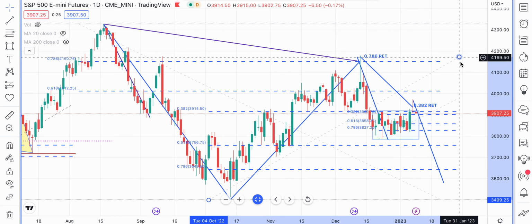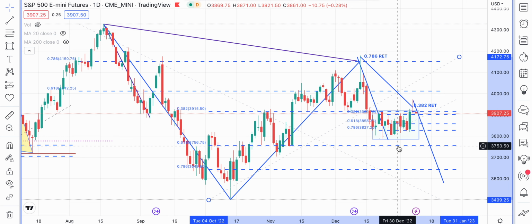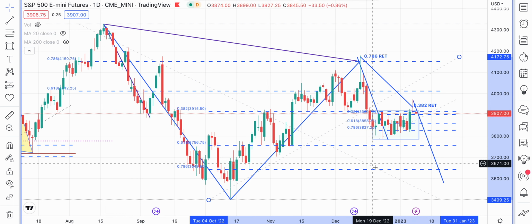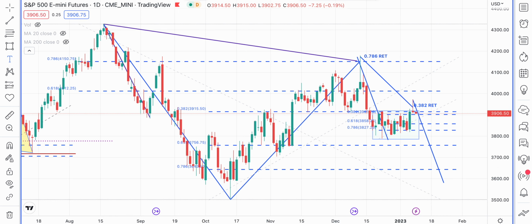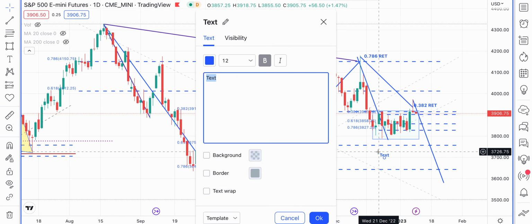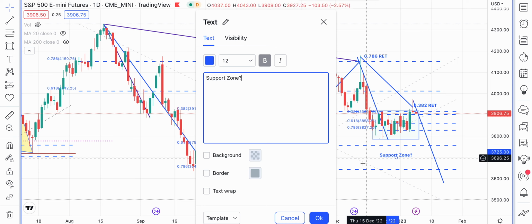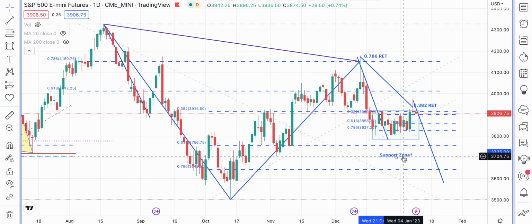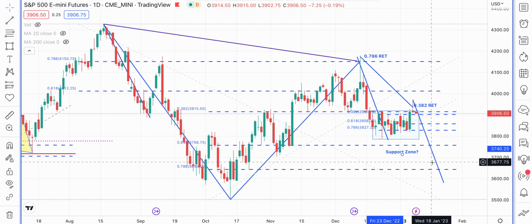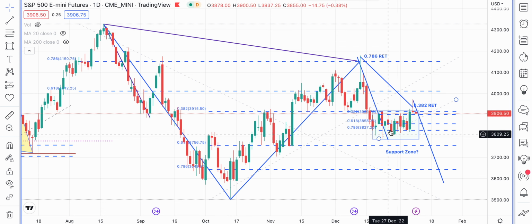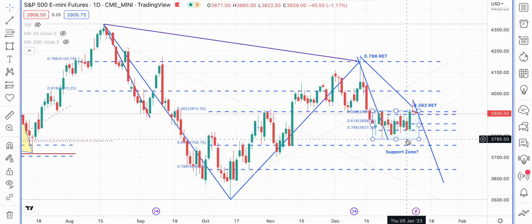And then if we draw the Fibonacci retracement, so we have the 61.8 coming around 37.57, followed by 36.40. So that is going to be the kind of the support zone. So let's just write support zone with a question mark, because we'll have to see if the price actually rotates this much lower, how this trading range is going to behave.